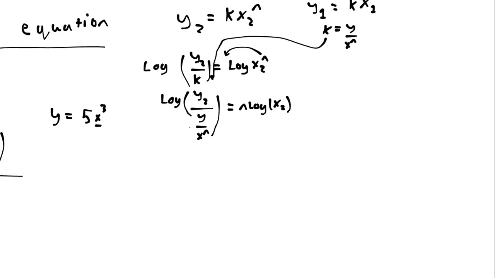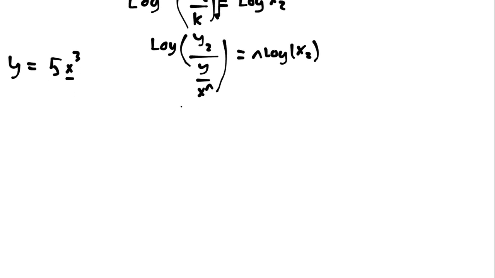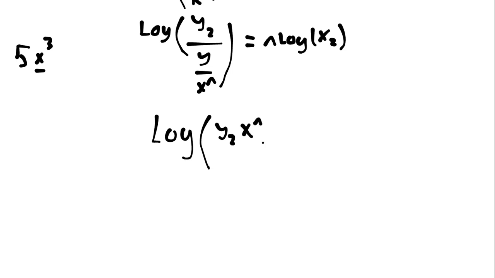Alright. And now what I do next, this x to the n is going to come all the way to the top. That's just how fractions work, so this is going to become log y2 over y1 times x to the n.